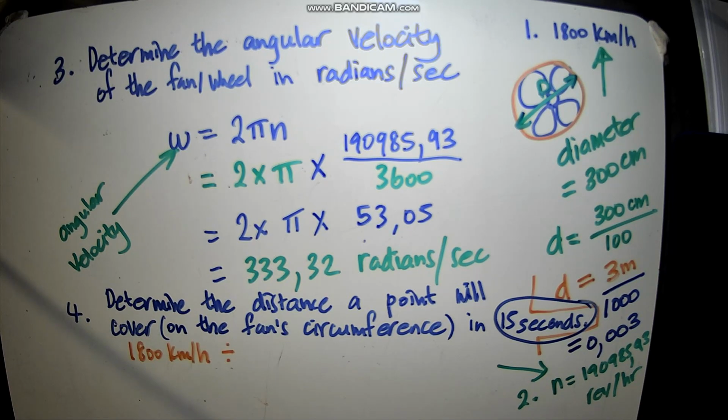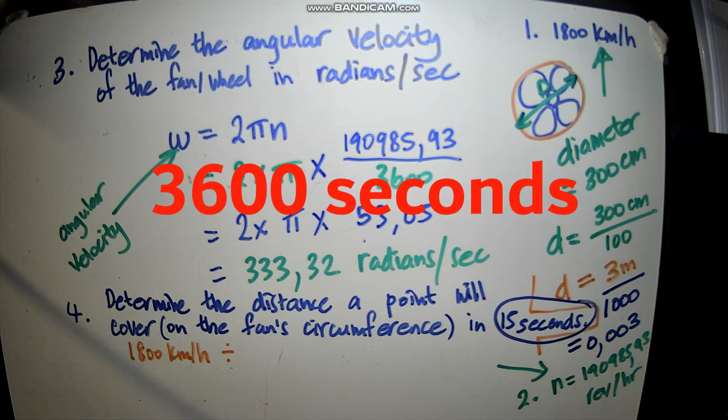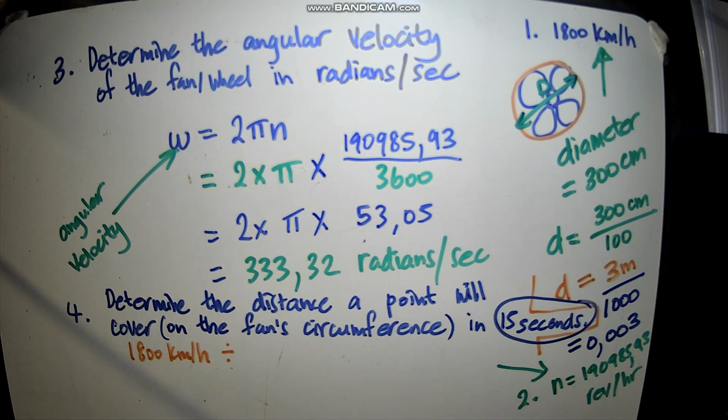So how will you convert that? Will you divide or multiply? Remember, this is 1,800 kilometers traveled in just 1 hour. Now we want to know how many kilometers will be traveled in just 1 second. Don't you think that's going to be a very small number? Therefore, I should divide by 3,600 because there are 3,600 seconds in 1 hour. Okay, so we get 0.5 kilometers per second.